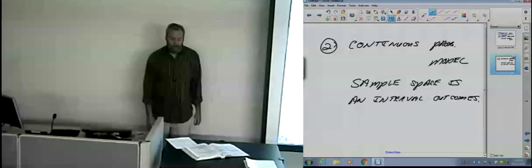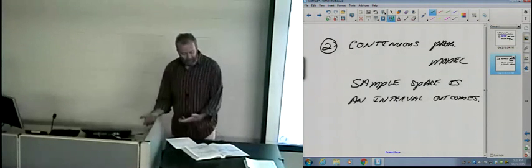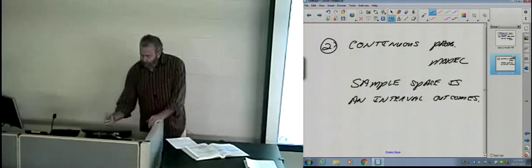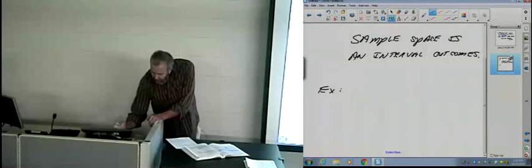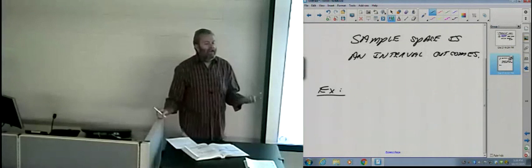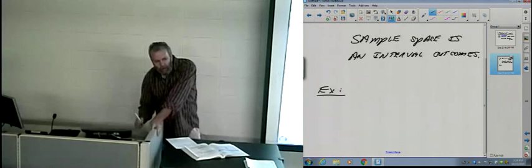Now, I'm going to give you a couple of examples of this, something that we can think about here. So, my first example of a continuous probability model, what we're looking at here is this interval of outcomes. What I want to do is generate a random number between 0 and 1.